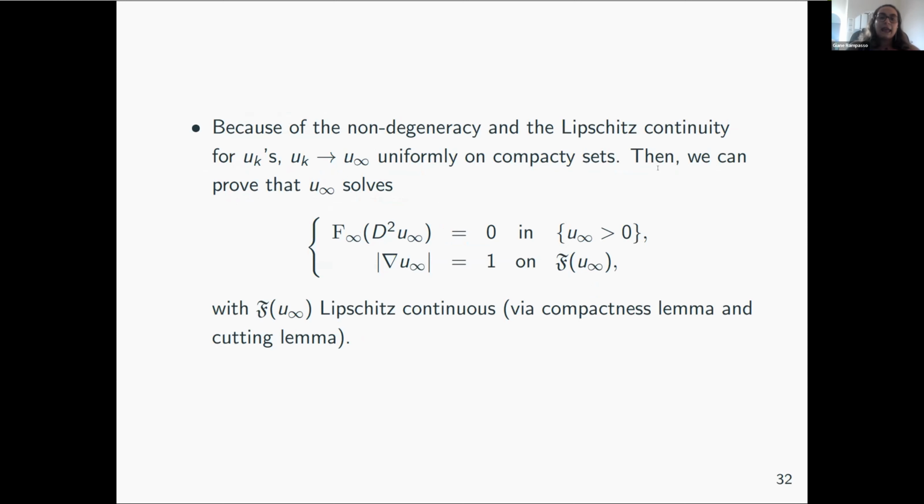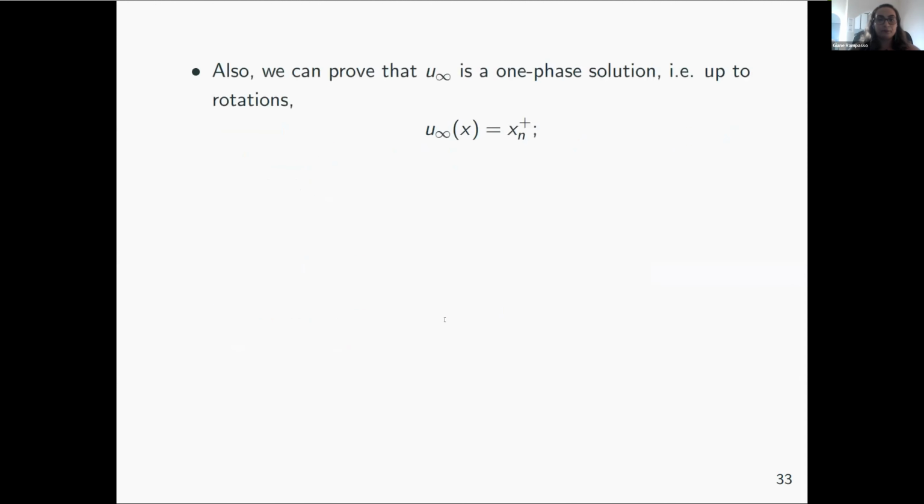And then we can prove that the limit profile U infinity solves this problem, with the free boundary of U infinity being Lipschitz continuous, and we prove this via a compactness lemma and using a Cantor lemma. And we can also prove that U infinity is a one-phase solution. So this means that up to rotations, U infinity is equal to x_n plus.